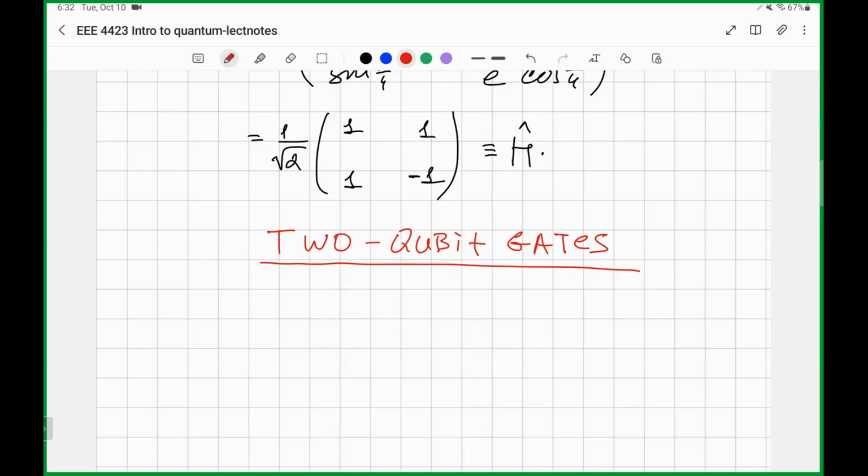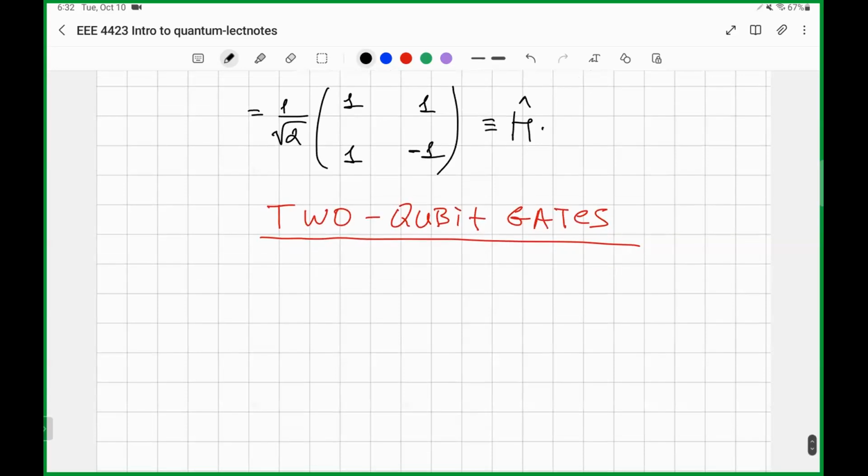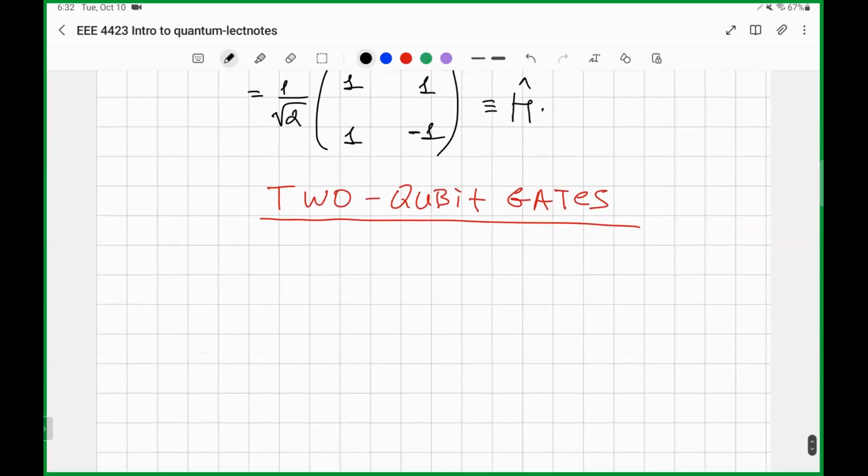So basically we're going to discuss maybe just one of the two qubit gates, the most important one. But before, let me remind you about the way we represent the states.